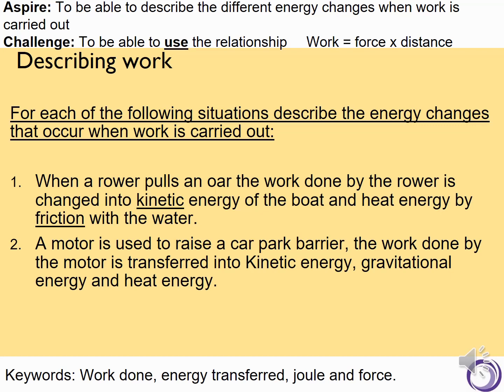Number 2, a motor is used to raise a car park barrier, and the work done by the motor is transferred into kinetic energy in motion, gravitational energy in the raised barrier, and heat energy. There would obviously be a bit of sound coming from that as well, but that's not a principal output. If you've put that in, I'll give you a mark for that.